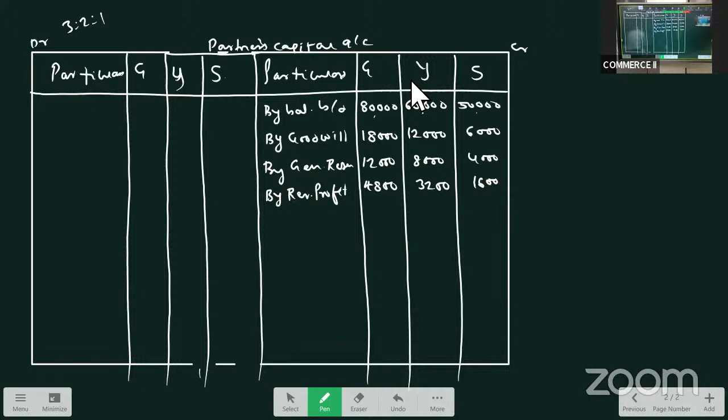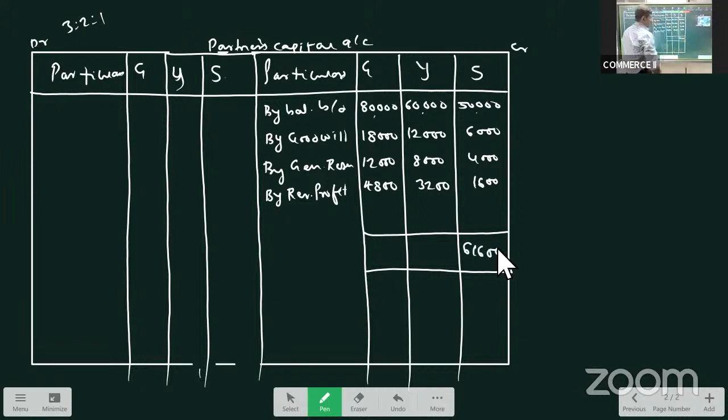Okay. So now let us close the capital accounts. Now remember, in case of retirement, whenever we are closing, we will first close the account of the retiring partner. Why do we do that? Because he is about to leave the firm and whatever amount is due to him, either we pay immediately to him or we have to transfer that amount to a separate account called loan account.